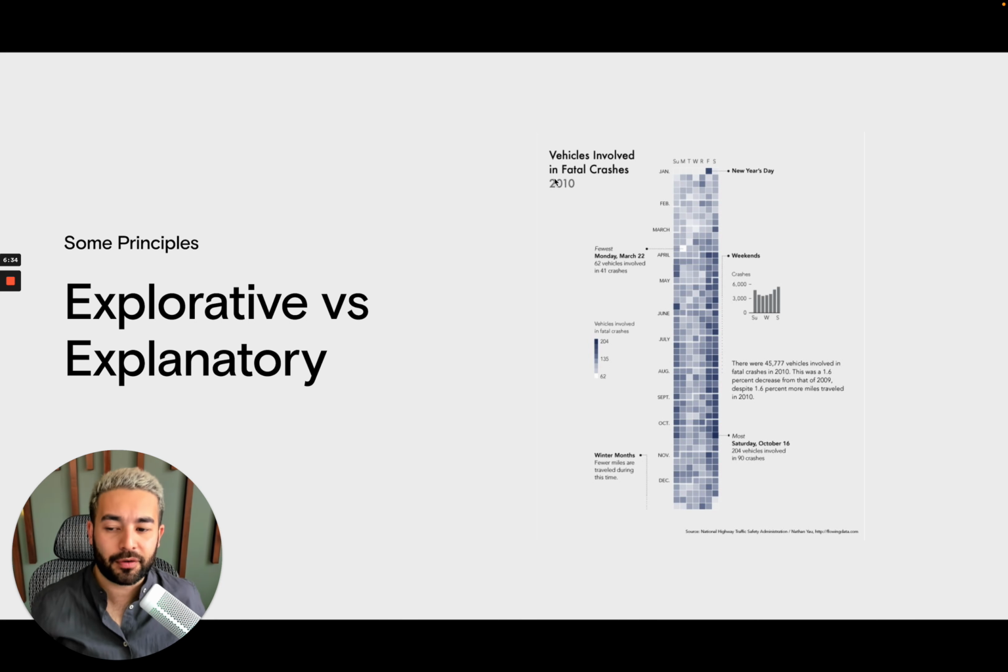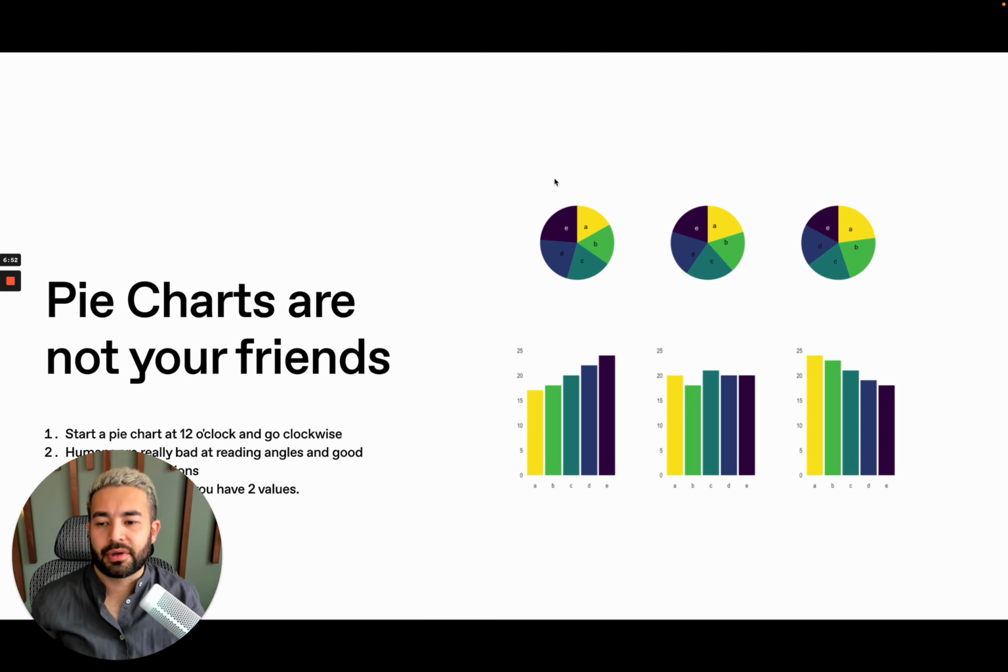And then we have everything that is explanatory, and that's where the data was already analyzed, as in these examples, and we can see that there are already some conclusions. And this is more used in newspapers, in everything that is information design or infographics or anything like that.